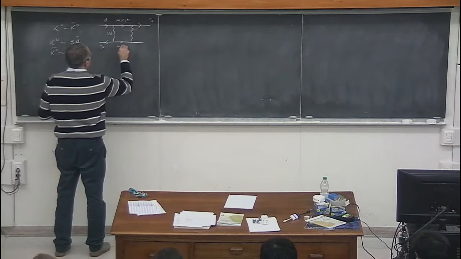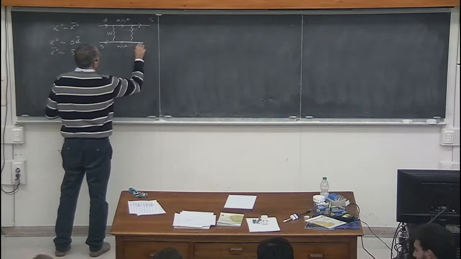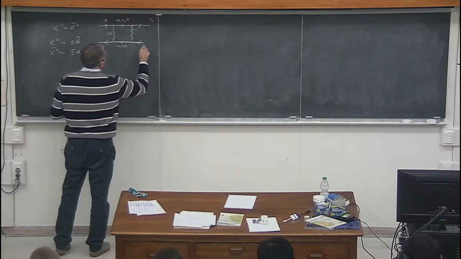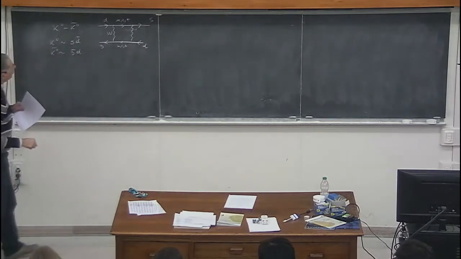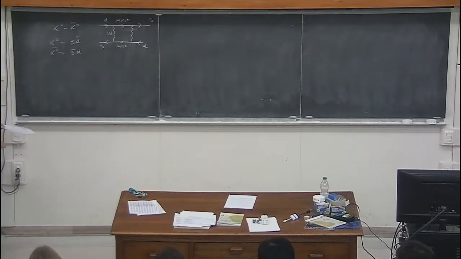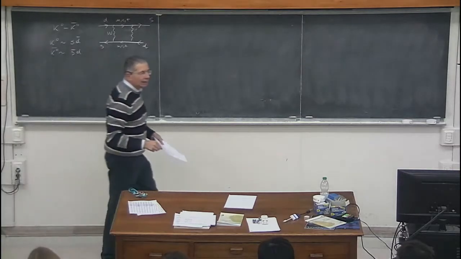And you can check that this is the lowest order diagram in the standard model that provides you with an effective Lagrangian for the mixing between K0 and K0 bar.